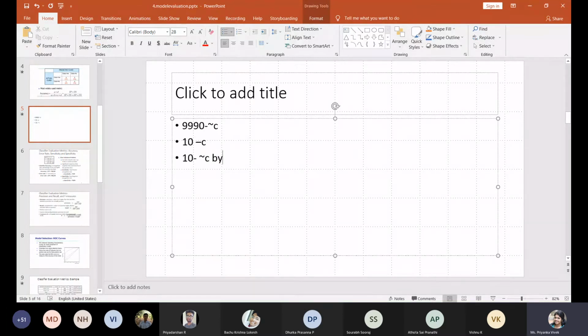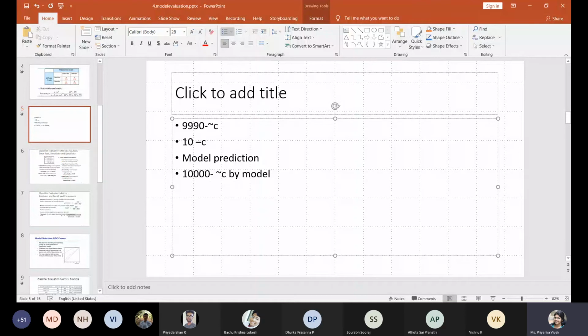The first two are the actual situation and the rest is the model prediction. Assume the whole 10,000 is predicted as not cancer by the model.